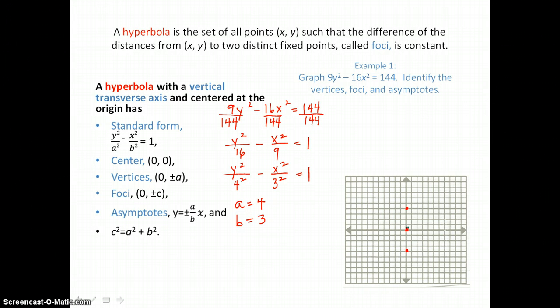Okay, that b value, that distance of b units, is left and right of the center. And remember, that's going to help me form a box that I can draw asymptotes through the corners of and through the center.